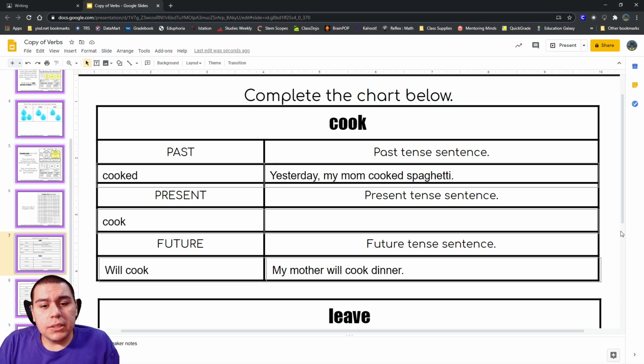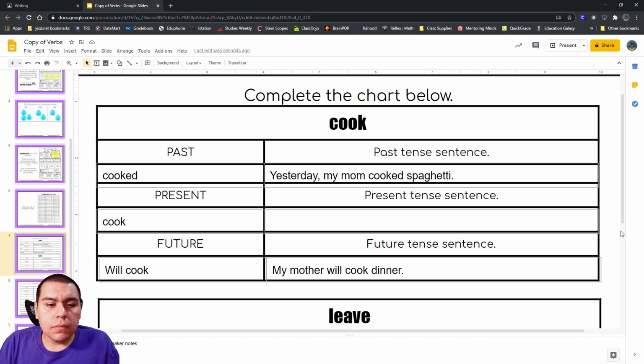What about present tense? What's a sentence I could use that's not cooked, not will cook, just cook? Messiah? My dad. Actually, I don't know.